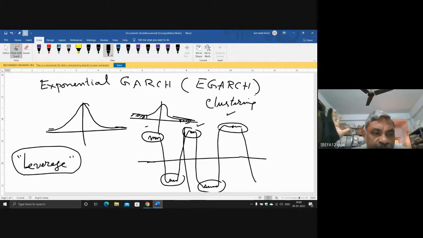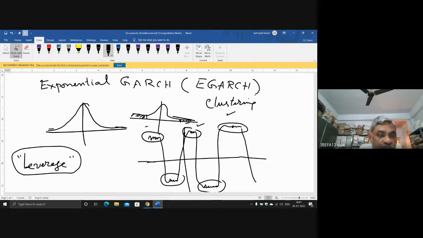So there is some kind of asymmetry, because gains in the market influence the market slowly, but losses may have a powerful effect in pulling down. So this is actually the leverage in our present context.